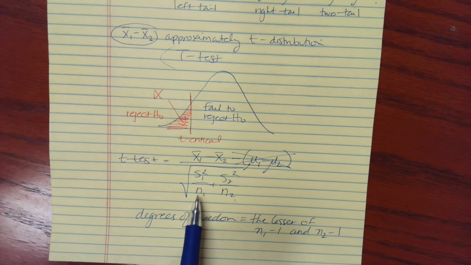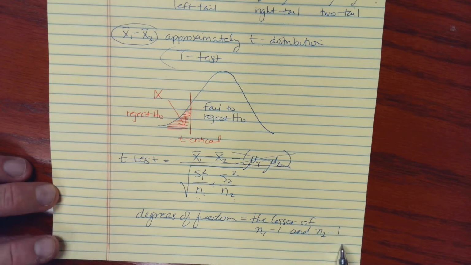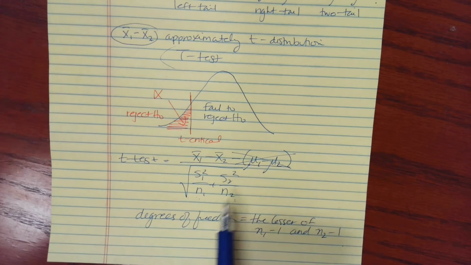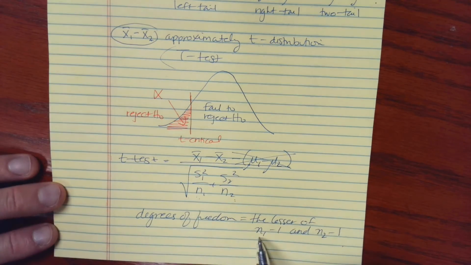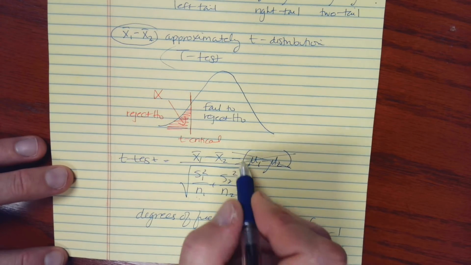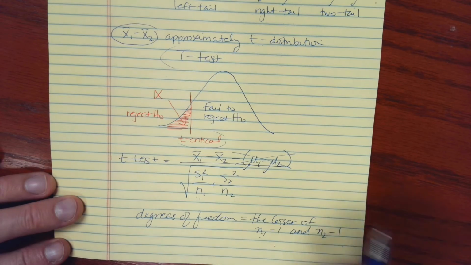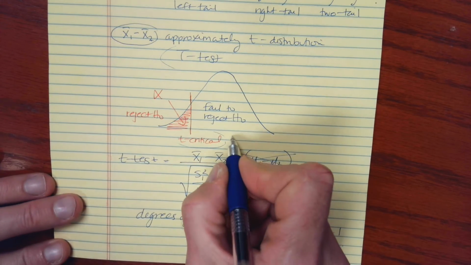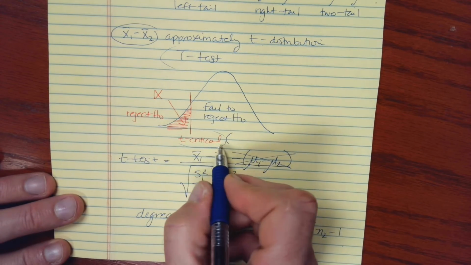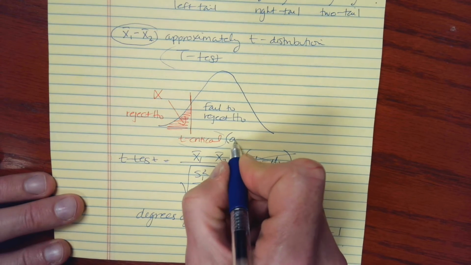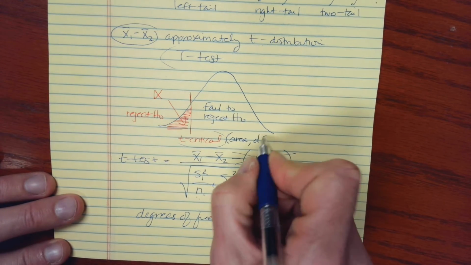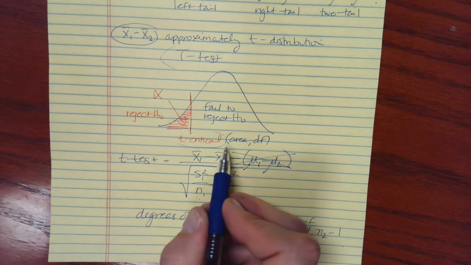So whichever sample size is smaller, just subtract 1. Now if they both happen to be the same, then you just take the sample size and then subtract 1. So we'll be using that degrees of freedom. That's going to be necessary in finding this critical value. Remember, for the inverse t function, you'll need to know the area and then degrees of freedom in order to find t critical.